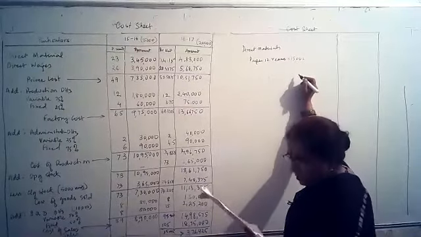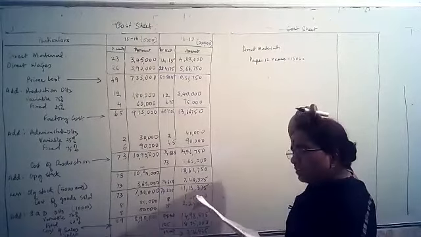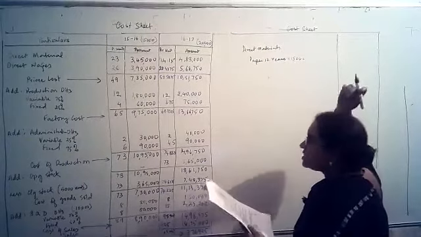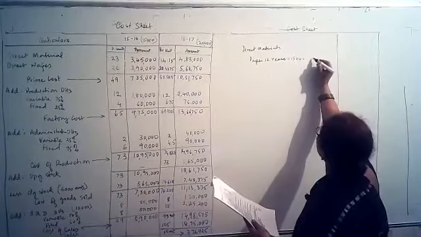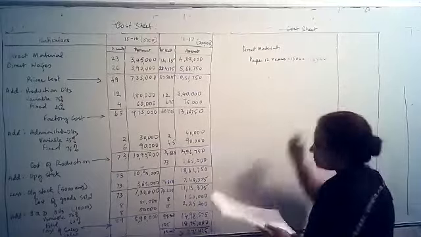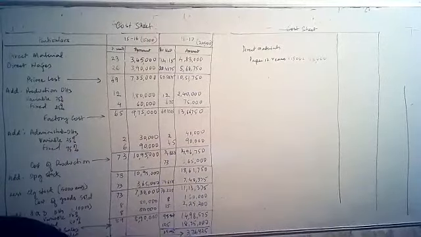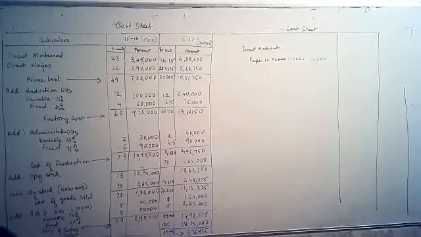I'll write it in the inner column. 12 into 15 is 180, so it is 18,000. 18,000 is the total paper expense.